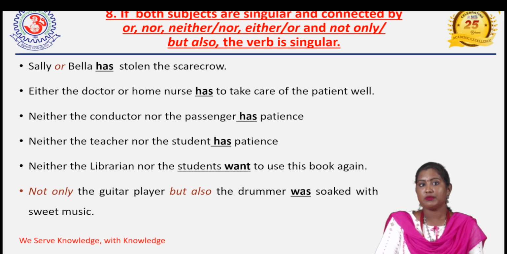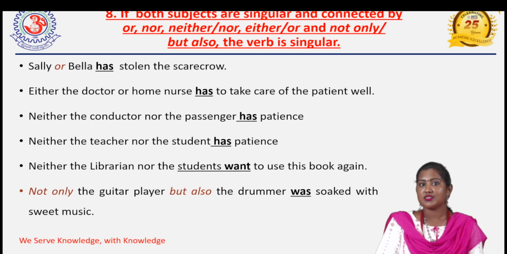For example, Sally or Belly has stolen the scarecrow. So is means either Sally or Belly. That is a common understanding we need to have. So it is third person singular. So we are using has stolen the scarecrow. And either the doctor or the nurse has to take care of the patient well. So look at the next example sentence.